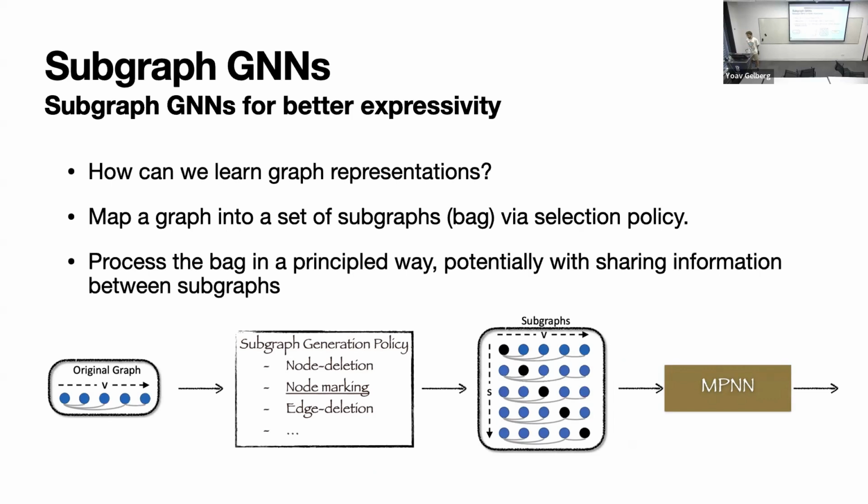Node marking simply means that we copy this original graph n times if it has n nodes, and then we mark the ith node in the ith subgraph. Once we have this bag of subgraphs, we process it in a principled way, potentially with information sharing between the subgraphs.